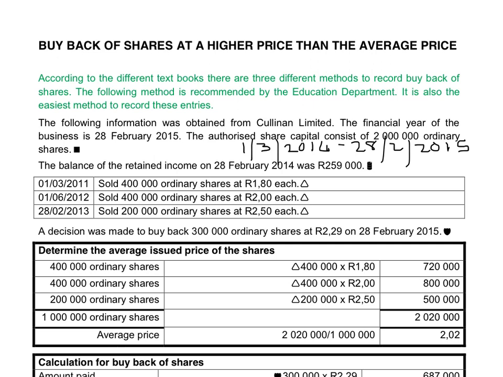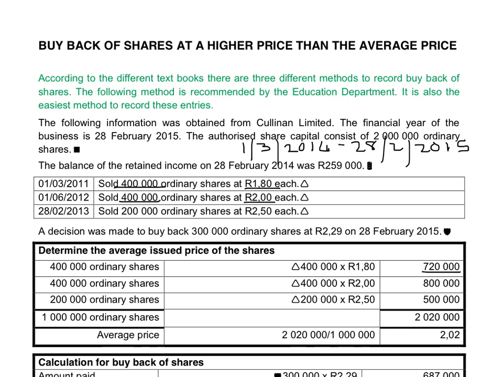On the 1st of March 2011, 400,000 ordinary shares were sold at R1.80. So 400,000 times R1.80 gives me 720,000 that was received as capital. Then on 1 June 2012, another 400,000 shares were sold at R2 each.